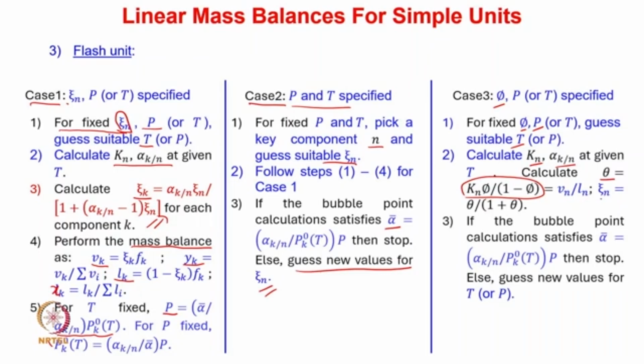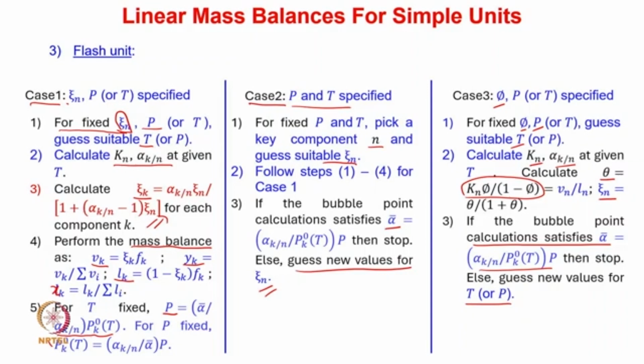Again we can calculate zeta n as theta divided by 1 plus theta. So we can calculate the zeta n values from this, and if the bubble point calculations are satisfying the assumed values, then we stop, else we have to select a new value of P or T.